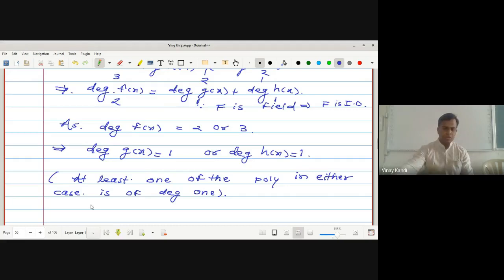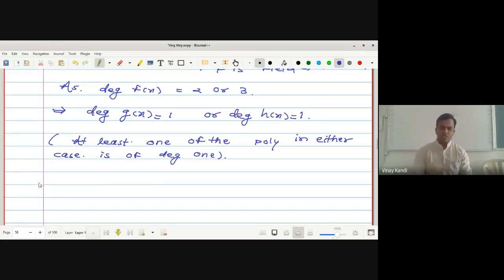So let us assume the degree of g of x is 1. So what is the nature of g of x then?